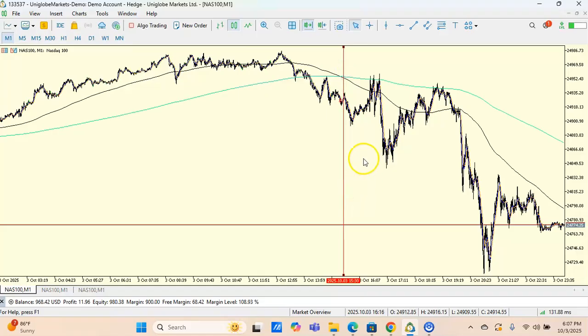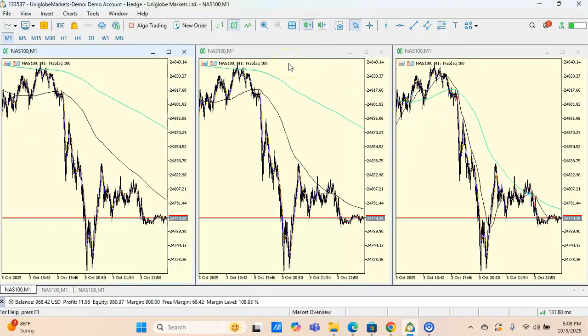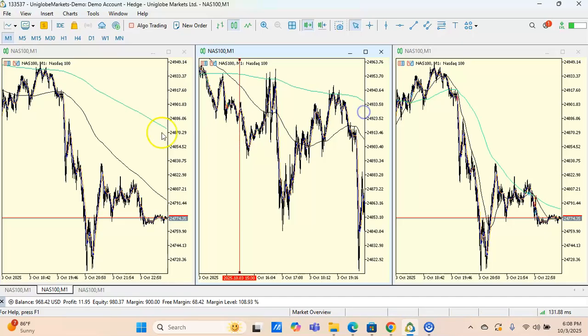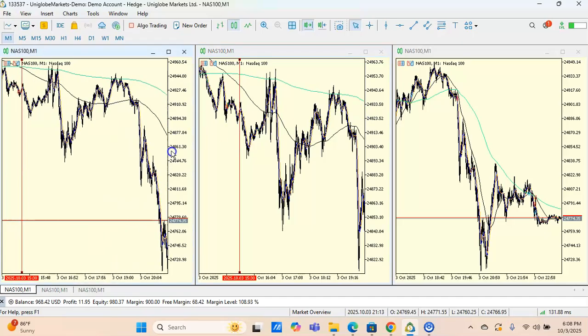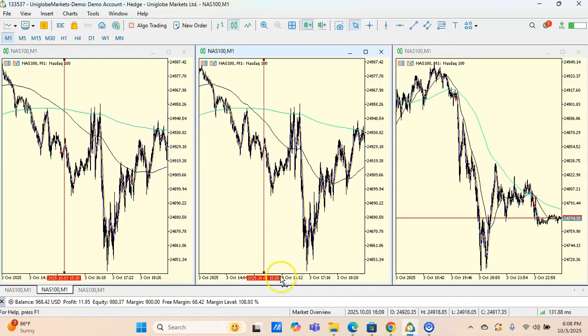There you go. Now look, put them both together. If we look at the same thing, remember they're both at the same time at the bottom. 15:30, 15:30. But look.